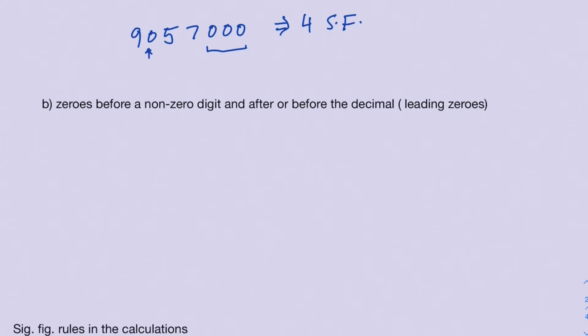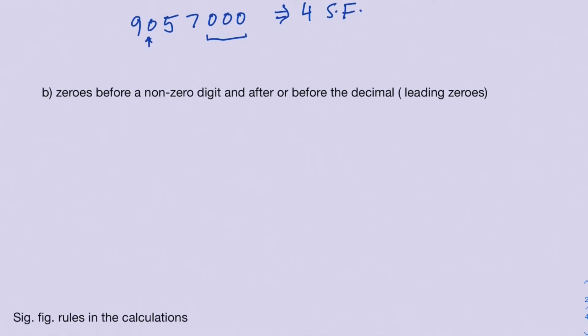Okay, and then what if you have zeros that are before the non-zero digits, and they could be either after or before the decimal? They're also called the leading zeros. The other name for those is space holding zeros. So those leading zeros or space holding zeros are not significant.